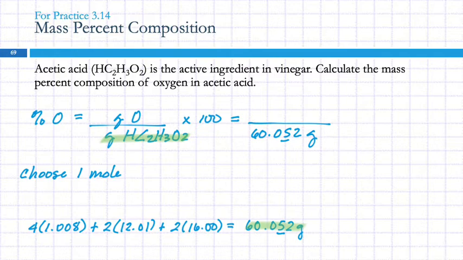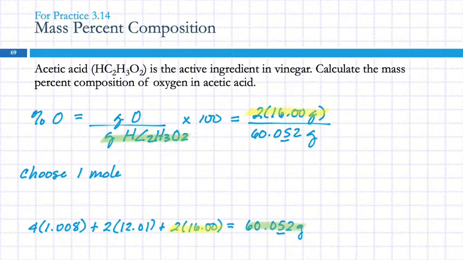What mass of oxygen is in this? 32. It's right there. We already wrote it out. And you can even write it as 2 times 16 up here. Let's do that. So this is 2 times 16 grams.